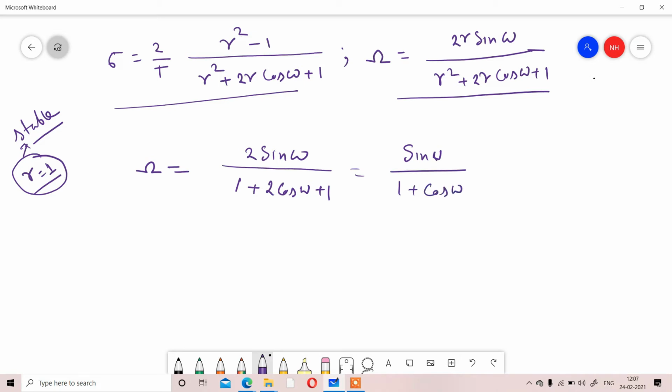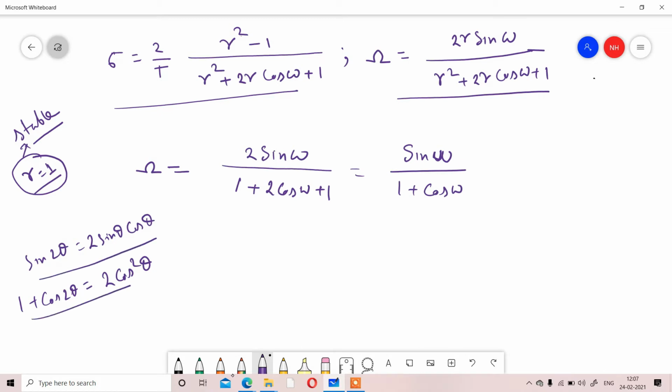Now the formula of sine 2 theta is 2 sine theta cos theta, and 1 plus cos 2 theta is 2 cos square theta.